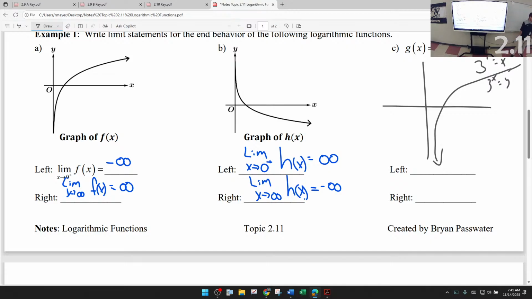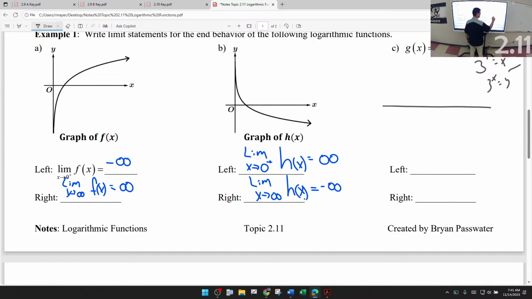Okay. And all that's because the 3 is greater than 1. If 3 was a fraction, then it would look like the other one. So here we go, the limit. I need to erase some of that though, so it doesn't look bad.